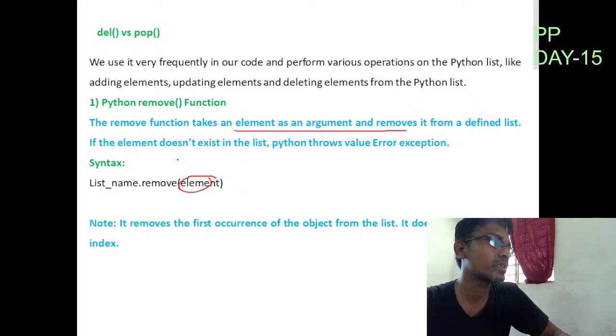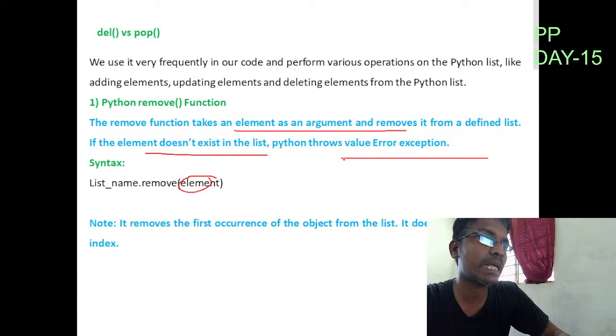For example, if the element does not exist in the list, then Python throws an exception. If the element is not existing in the list, Python throws an error.